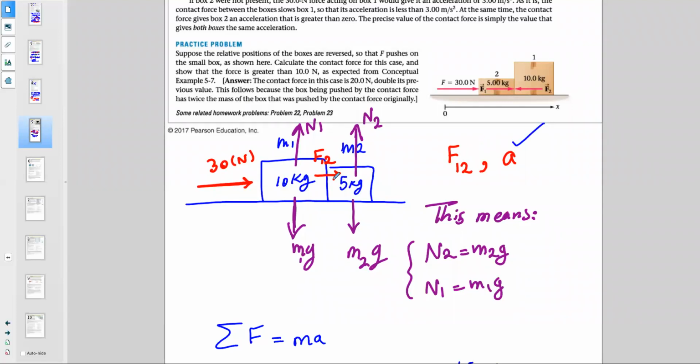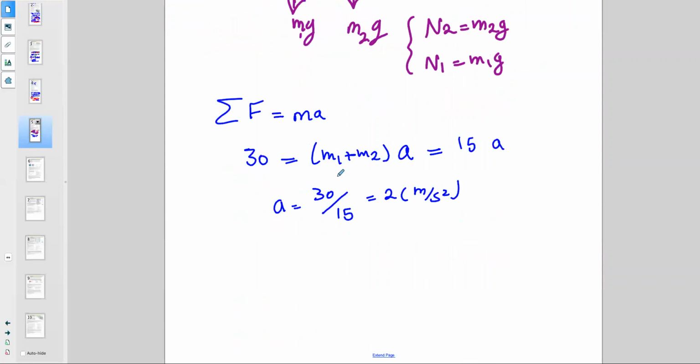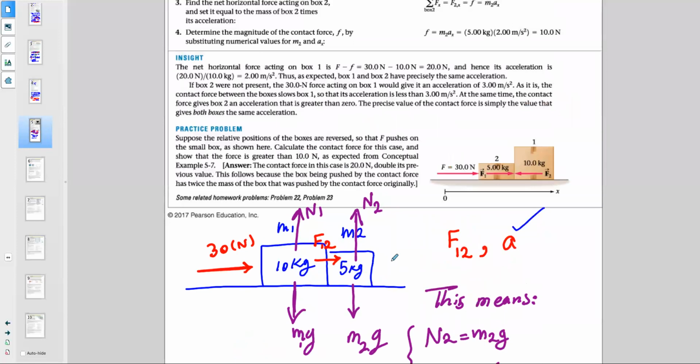Now let's take a look at F of 1 to 2. We know that, again, sigma F is MA. Sigma F, or the total force that 1 is exerting on 2, is just F1 to 2, or F12. M, how many masses is this force responsible to move? There's only one force and one mass in front of it.